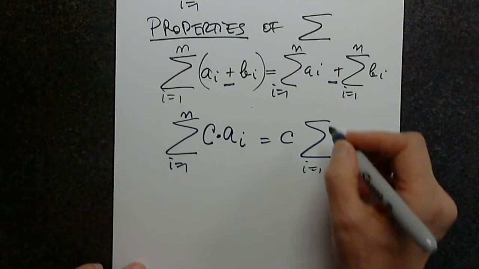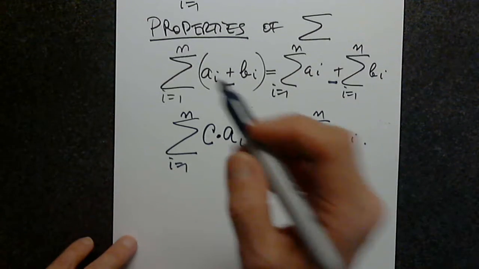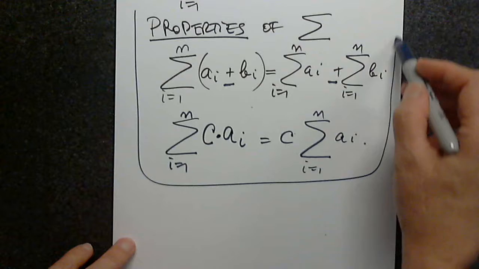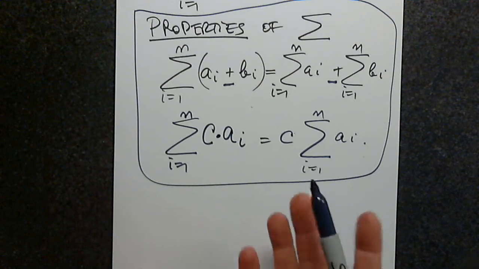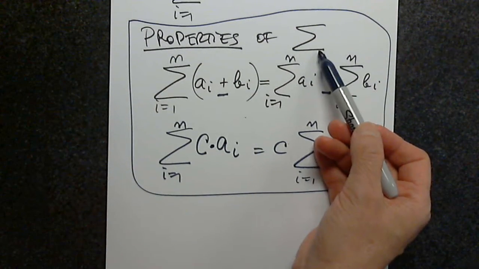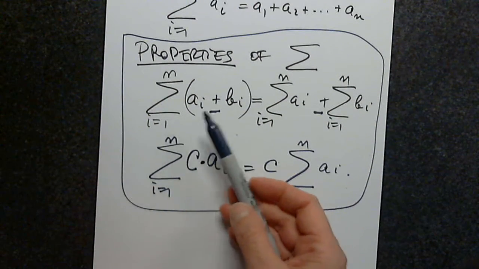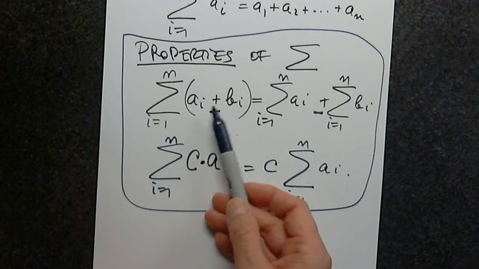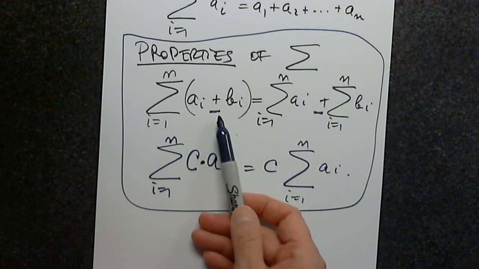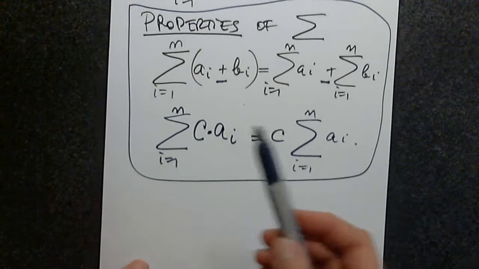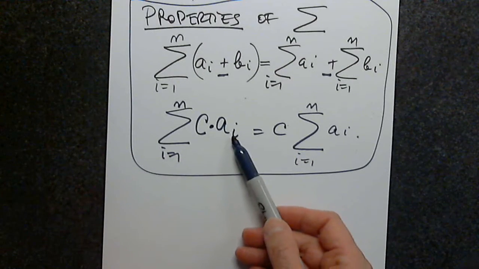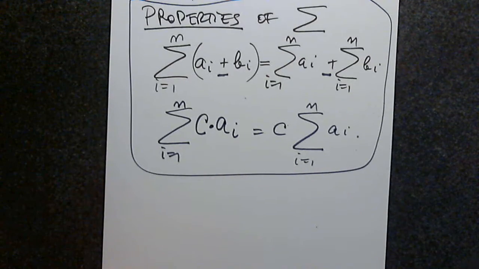These are the properties that we will use in this section and the next few sections. So these are the properties of the sigma notation: the sum of two generic terms, or the difference, splits into the sums of individual ones, and in the sum of a constant times the general term, the constant goes in front.